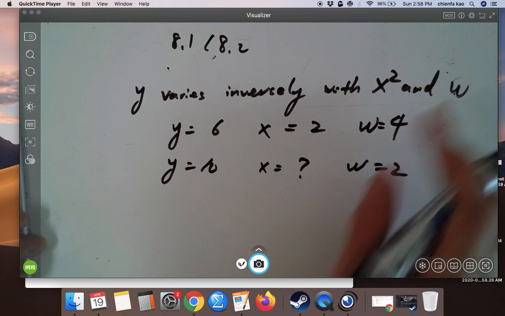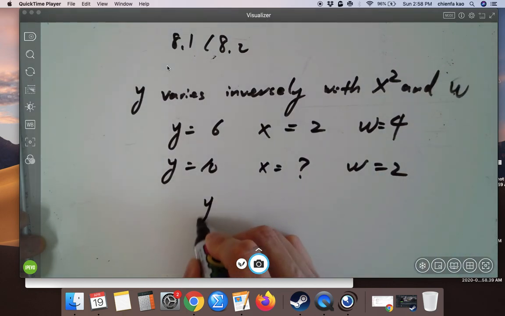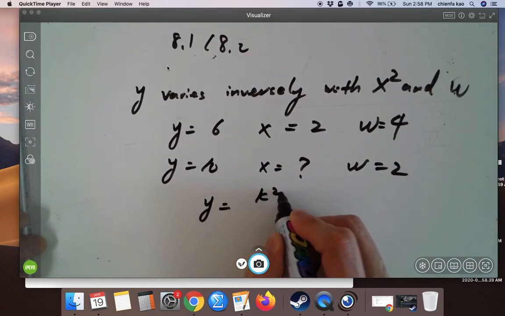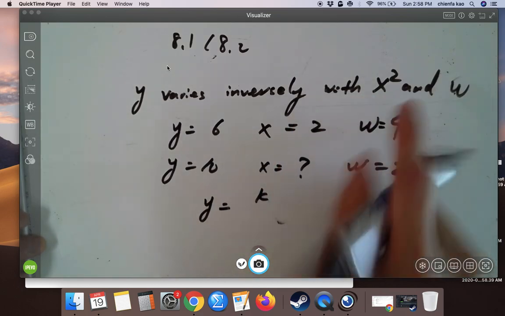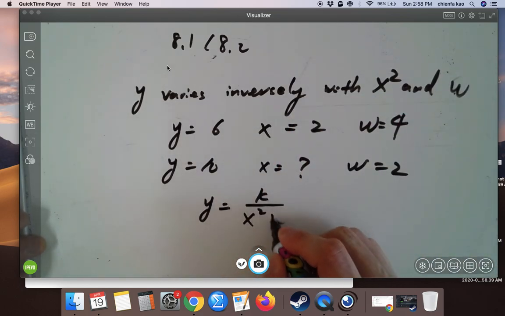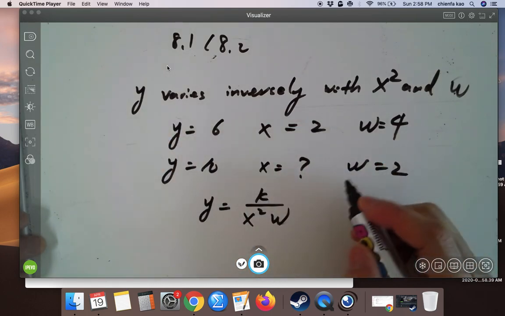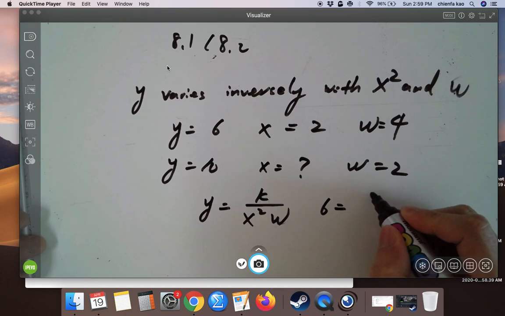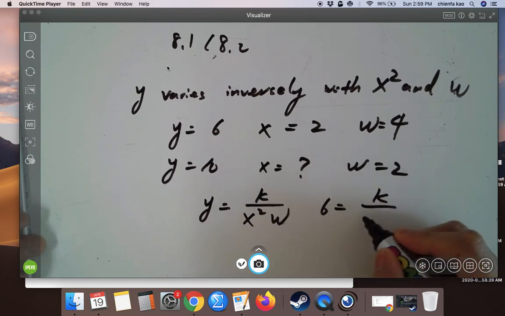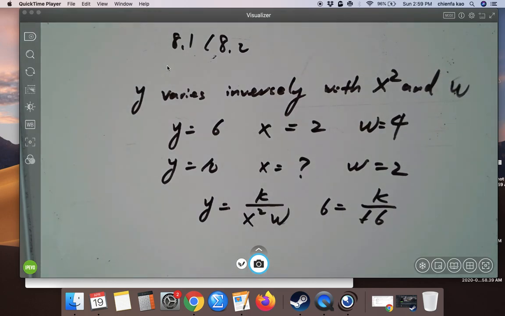So let's write this equation. Y equals K, which is always there, but inversely with X squared and W. Now let's plug it in and find K using this first line. So 6 equals K over, well, X is 2 squared, W is 4. 4 times 4 is 16, so K equals 96.